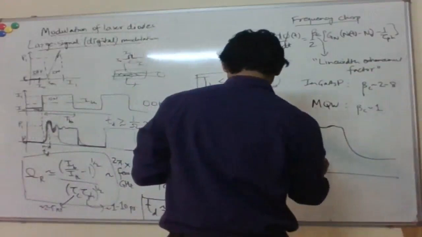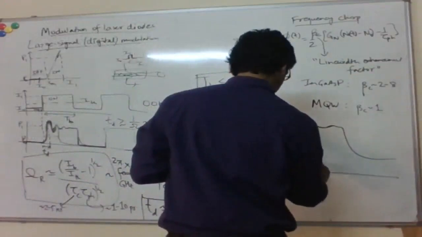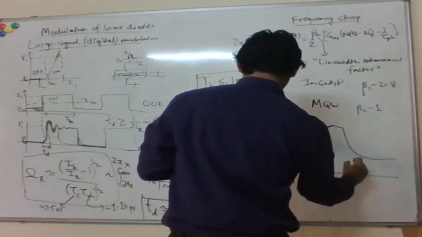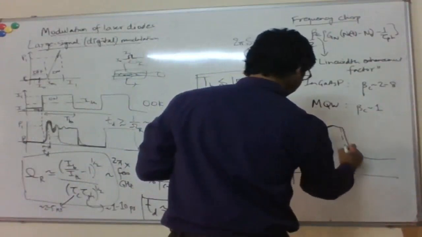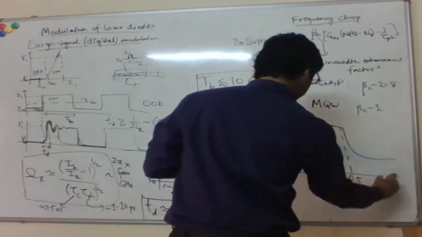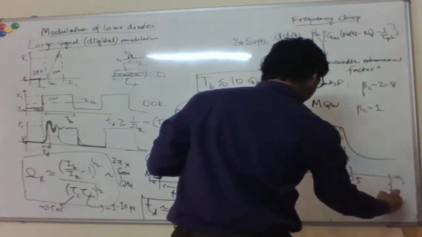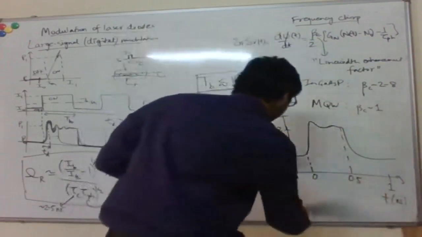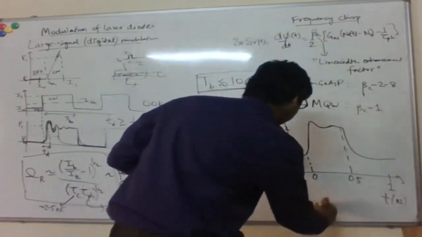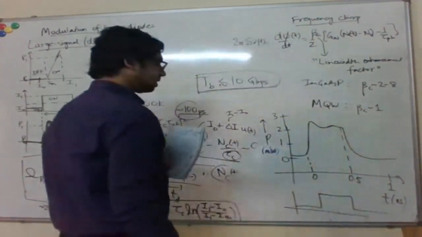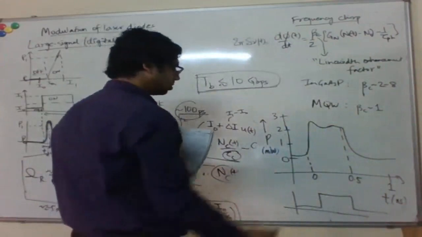On the x-axis is time. This is my current pulse. This is time in nanoseconds. I'm giving a current pulse here which is half a nanosecond in duration. The bit period is, let's say, 500 picoseconds here.